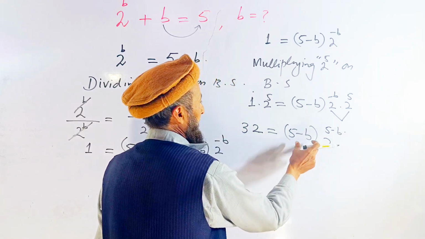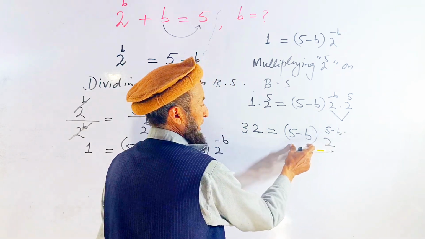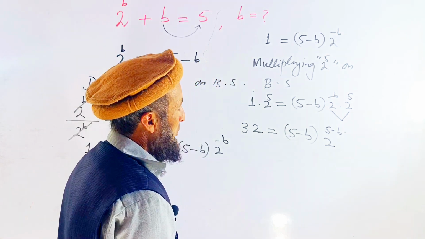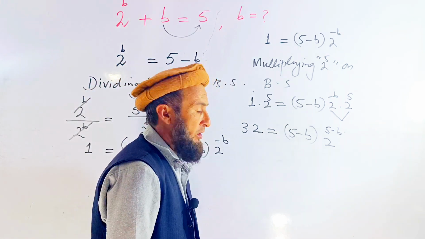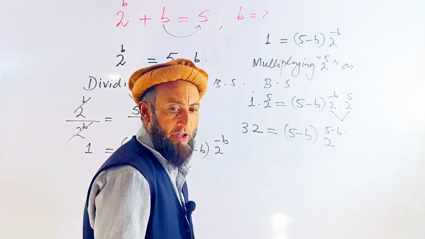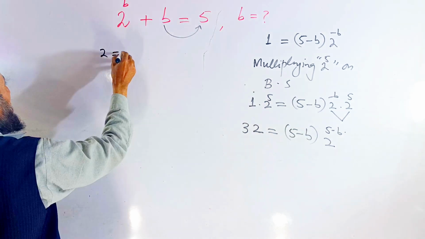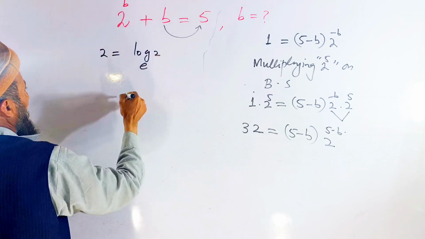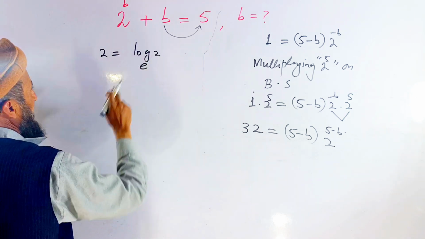Now look here, the 2 exponent is 5 minus b and here is 5 minus b. So here we are using the Lambert W function. We use 2 is equal to e exponent log of 2. Both cancel, so we get the same result.